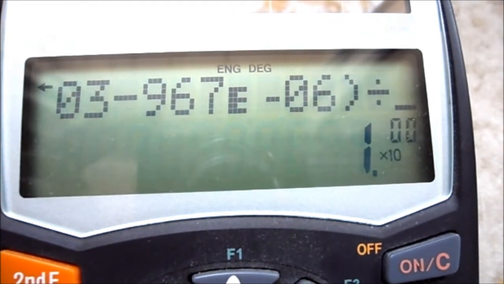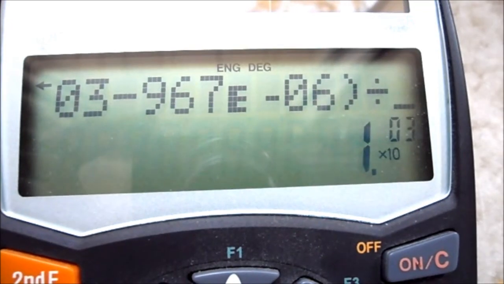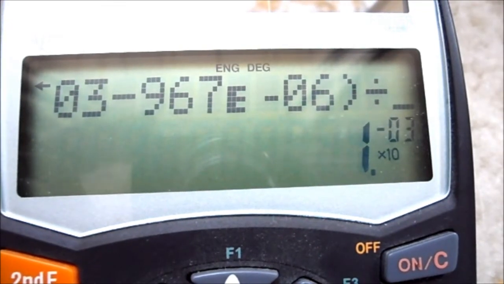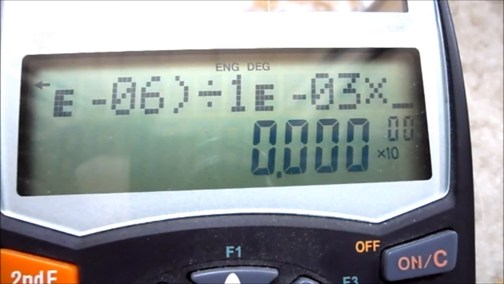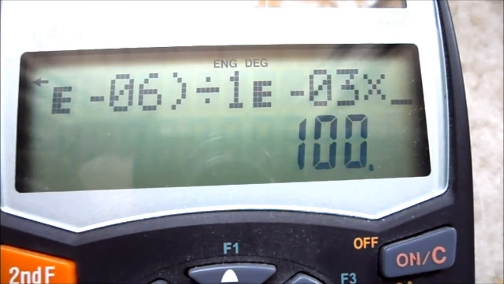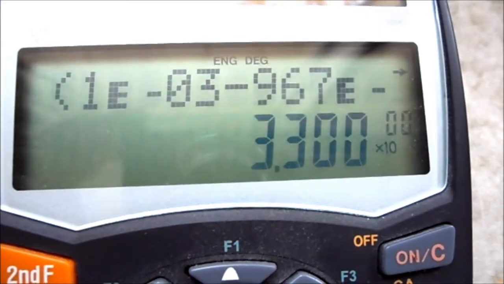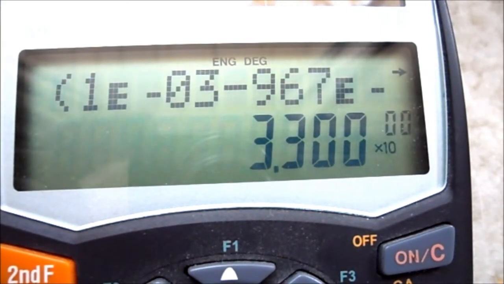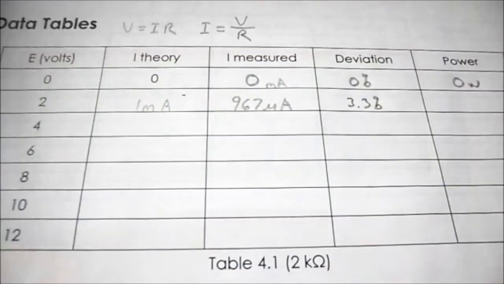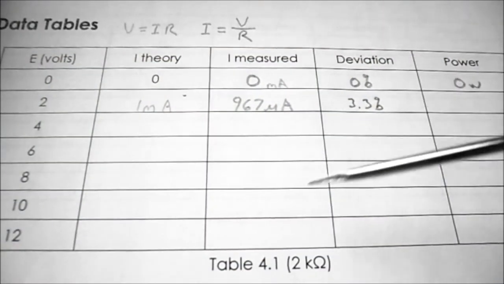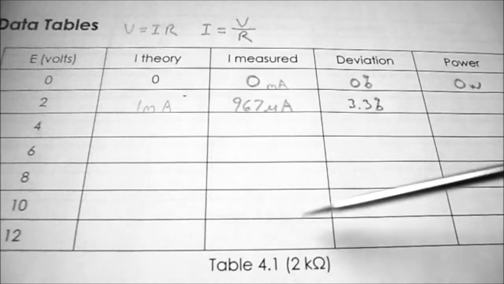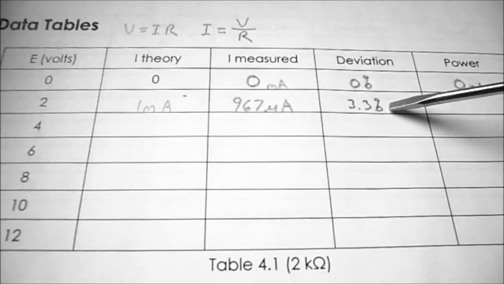So you want exp 3 plus minus. And then it's times 100. And that's equal to 3.3%. So in table 4.1, I've now recorded my deviation as 3.3%.